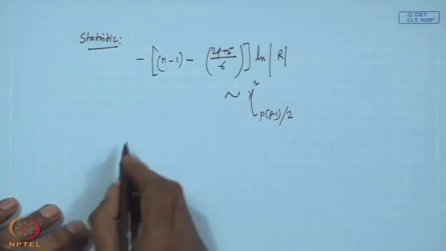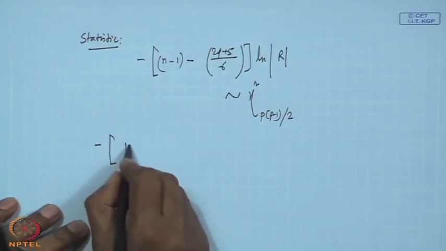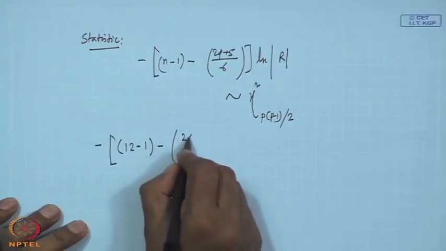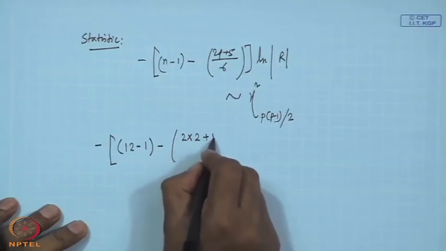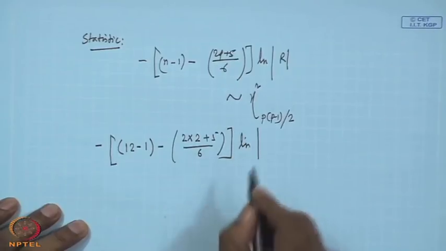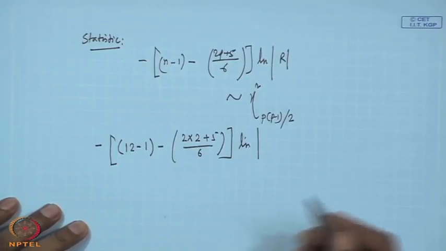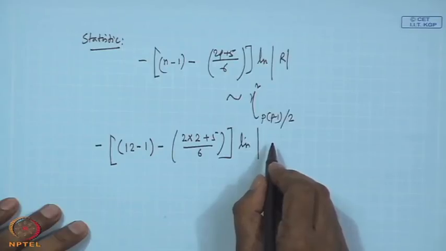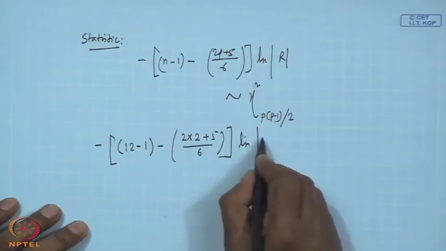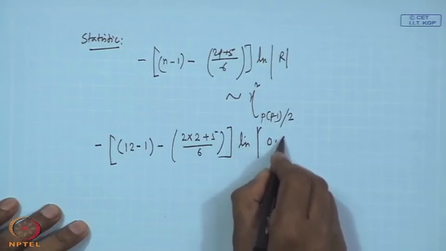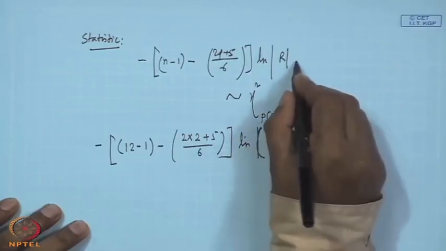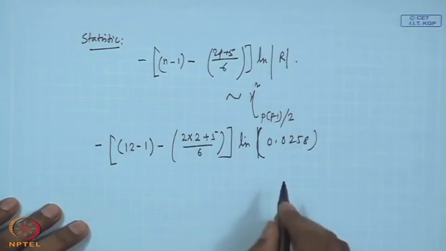Now, in the example we have taken, there we have 12 observations and 2 variables. The determinant of R, we have computed as 0.258.